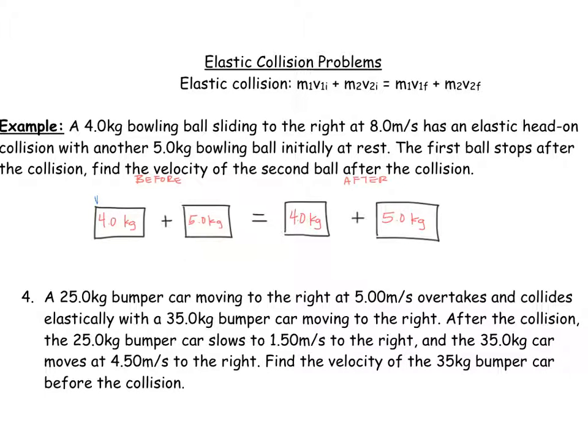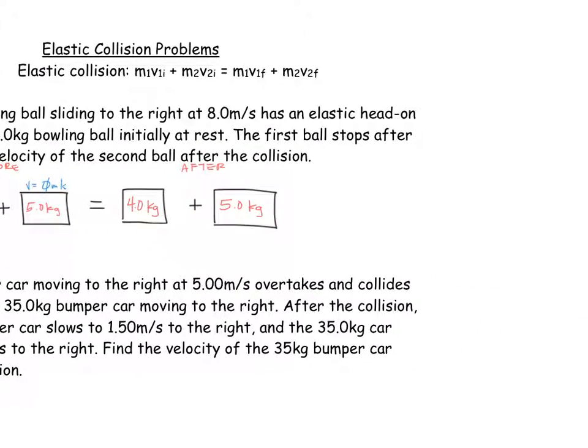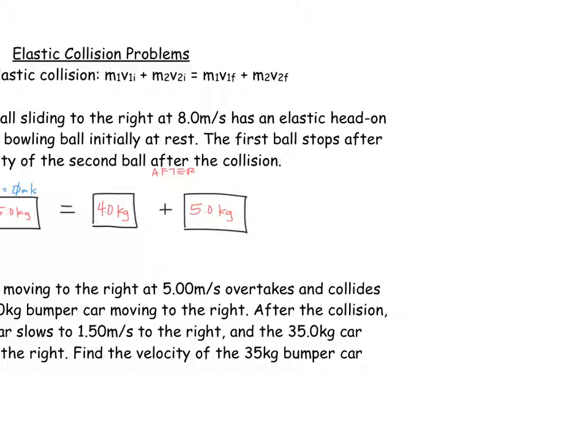And it's colliding with another bowling ball that is at rest. It's stationary. So it's got a velocity of 0. After they collide, the 4 kilogram bowling ball has a velocity of 0 because now it is stopped. It is at rest. And we ultimately want to find the velocity of the second bowling ball after the collision.